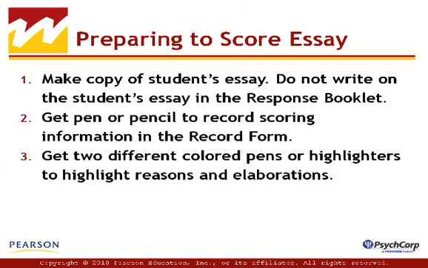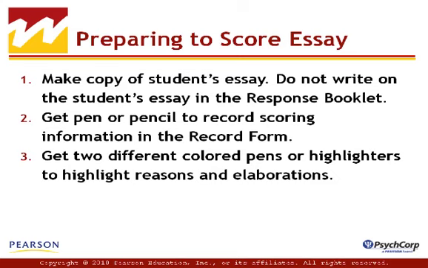In preparing to score the essay, and I included this in your handout in words, I wanted to just show you the types of materials that you're going to need to score the essay. Certainly the record form, which is here, and the scoring criteria and spaces for you to actually note the essay are presented inside the record form. We ask you to make a copy of the student's essay, which I have over here.